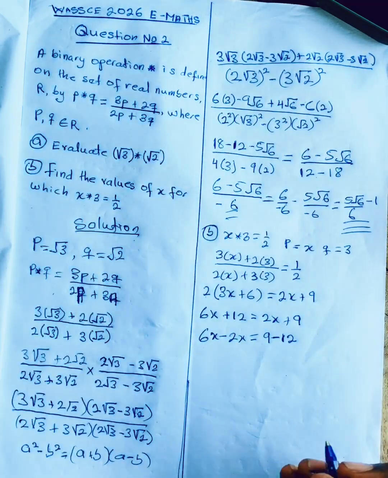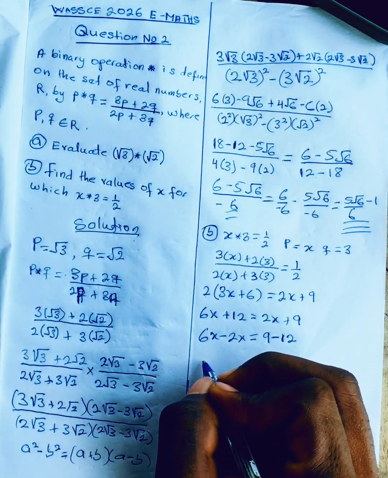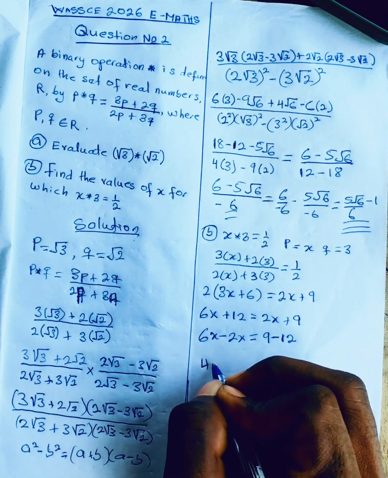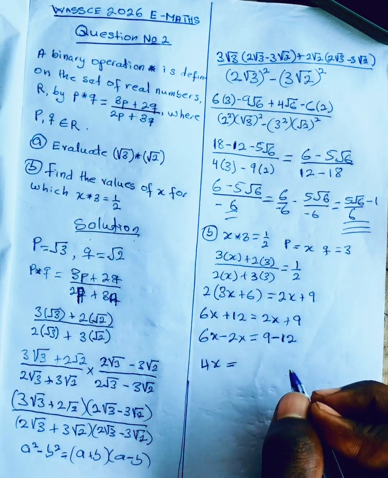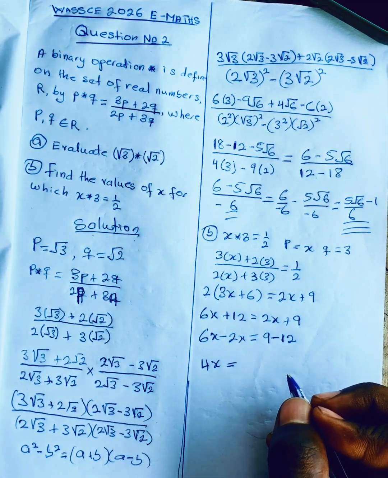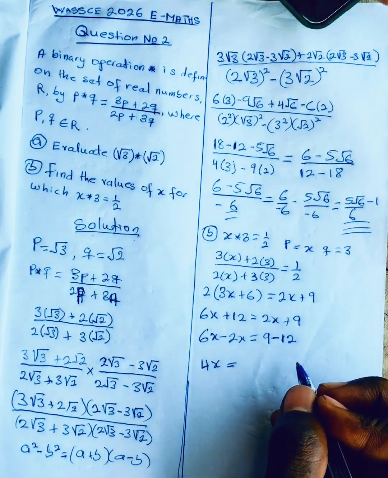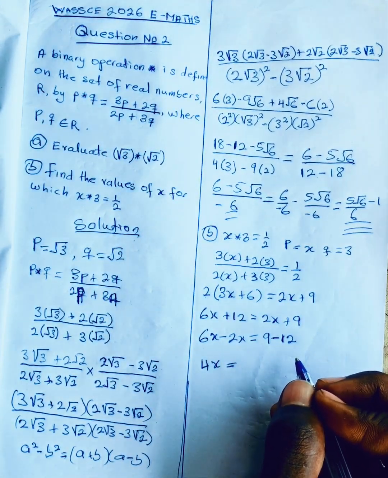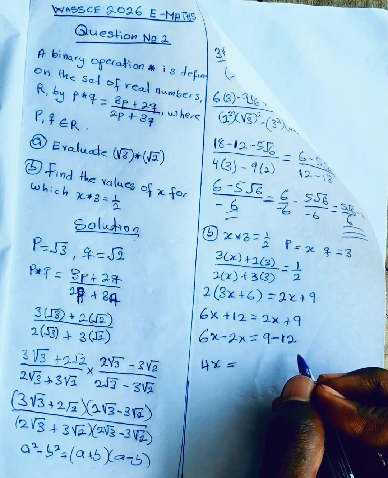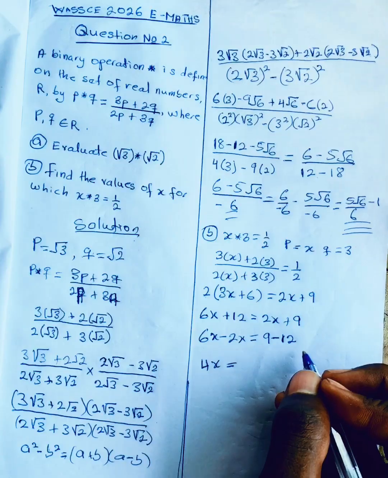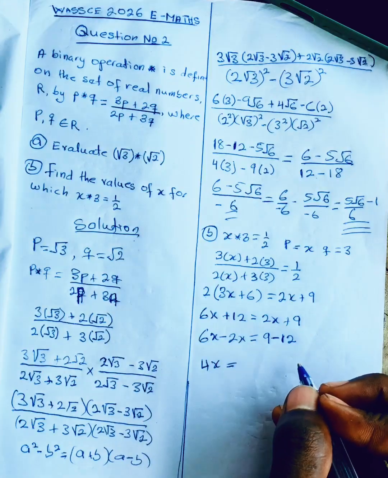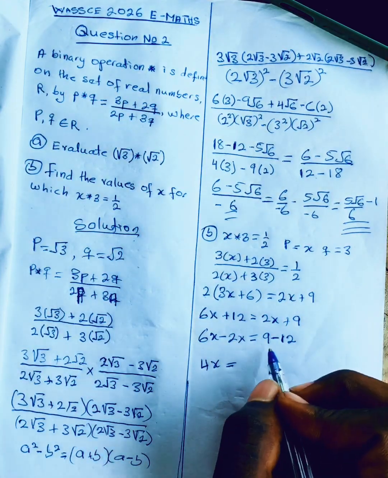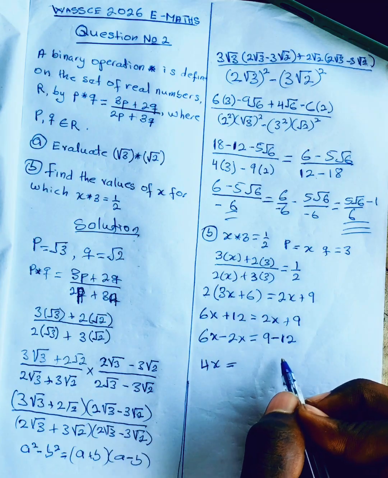So it will be 4S is equal to 9 minus 12. 9 minus 12, that will give us what? Negative 3.